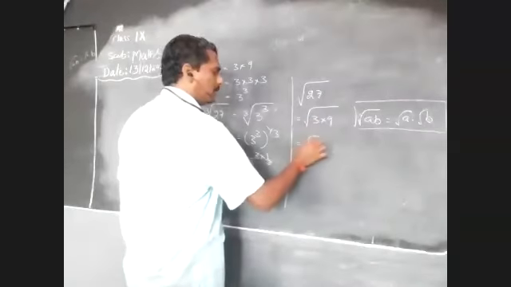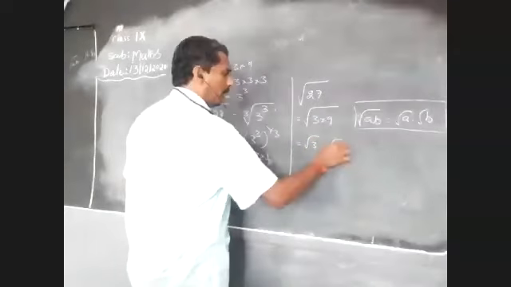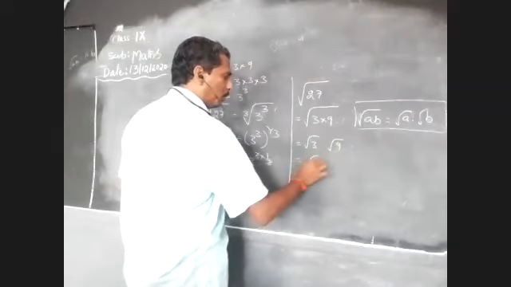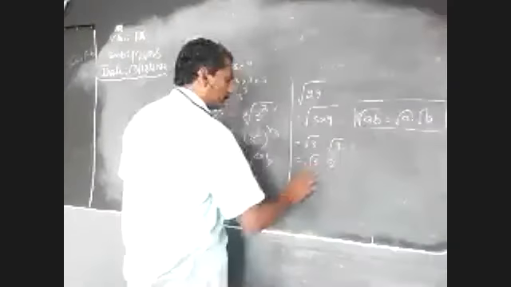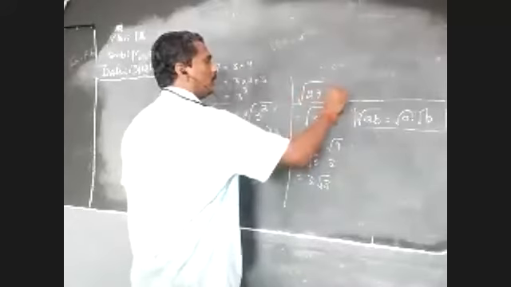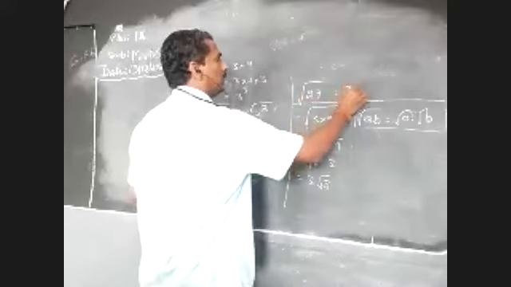Root of ab can be written as root a into root b. So root of 3 into 9 can be written as root 3 into root 9. What is the value of the square root of 9? It is 3. So root 3 into 3 can be written as 3 root 3. So root of 27 can be written as 3 root 3.